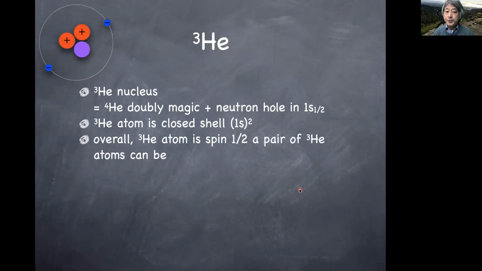Now, what happens when you cool the system? You expect some kind of Bose-Einstein condensate when you cool the system, but this is a fermion. A fermion cannot condense because you cannot occupy the zero momentum state with a macroscopic number of fermions.